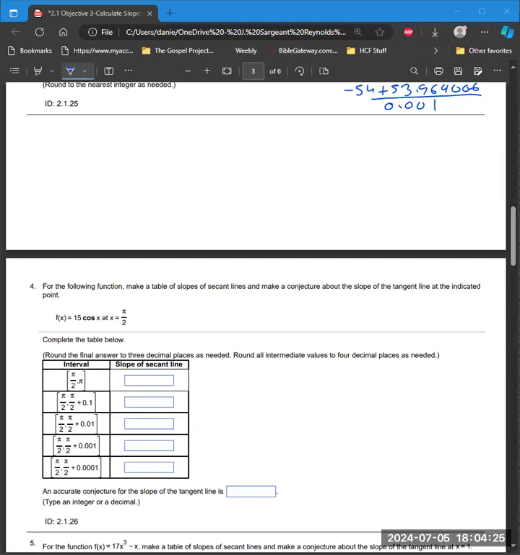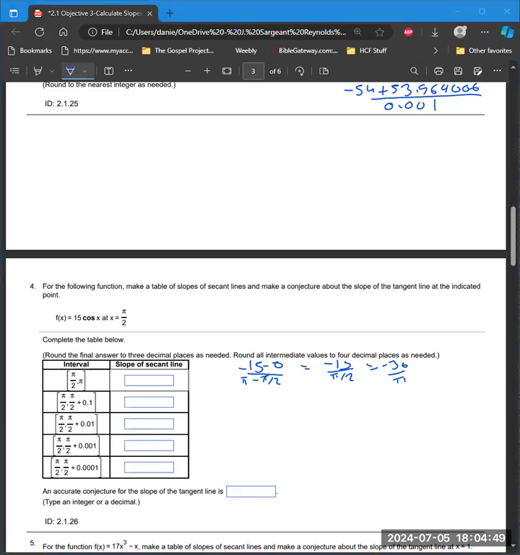We get negative 15 minus 0 over pi minus pi over 2, which is negative 15 over pi over 2, which is negative 30 over pi. They tell us to round all intermediate values to 4 decimal places.